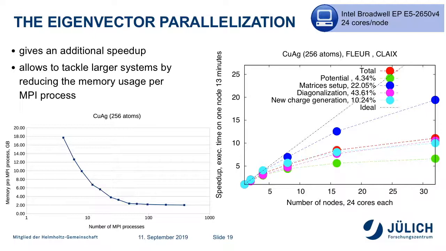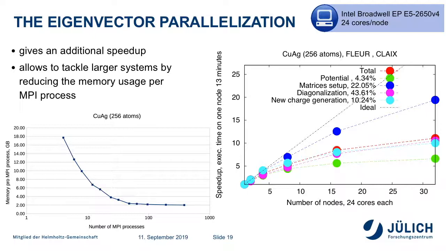This one is ideal speed up, and the wall time is not ideal anymore. The red one is again total speed up. Different parts of the code scale differently. We see that on a plot.